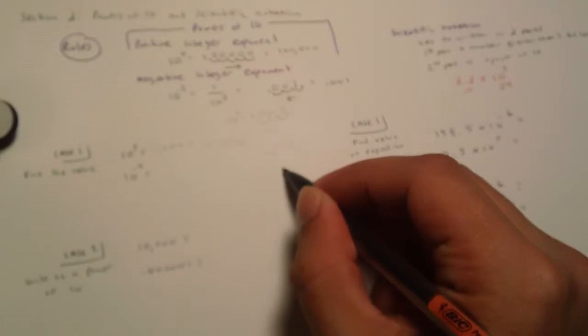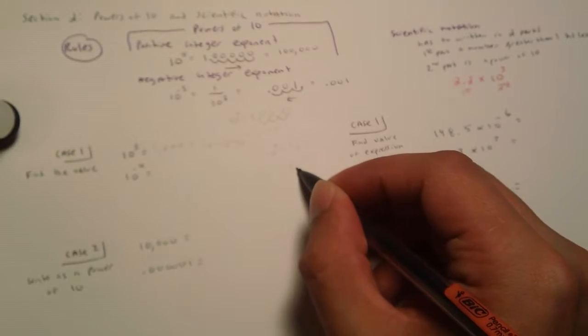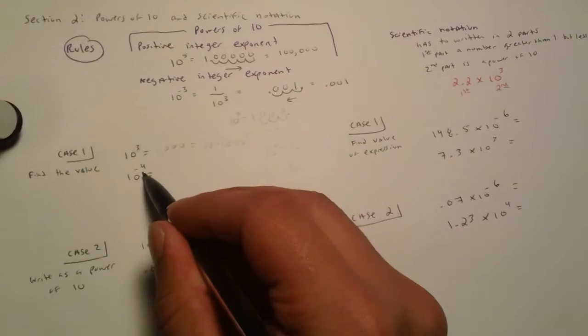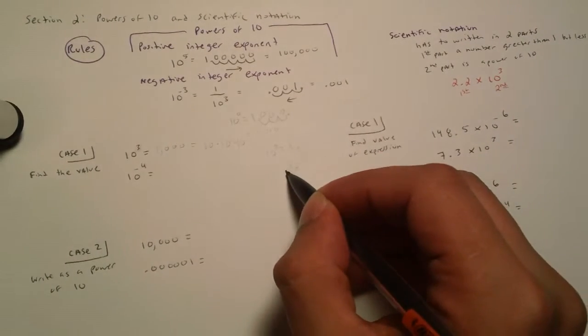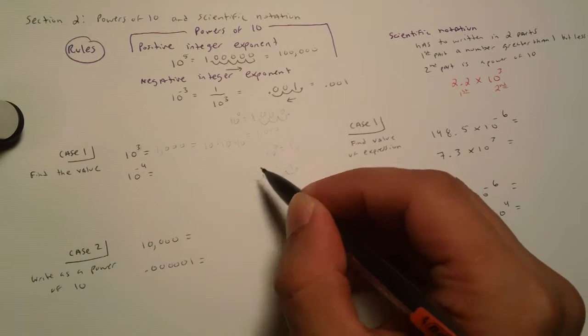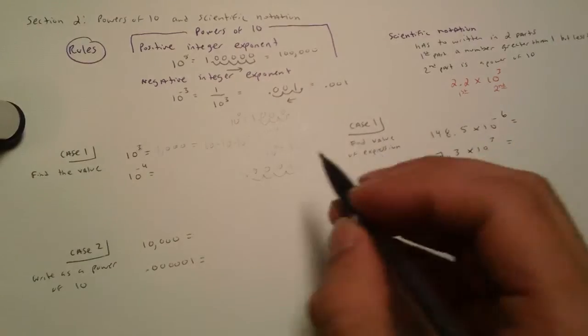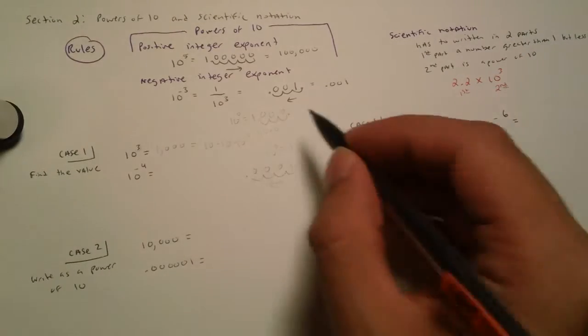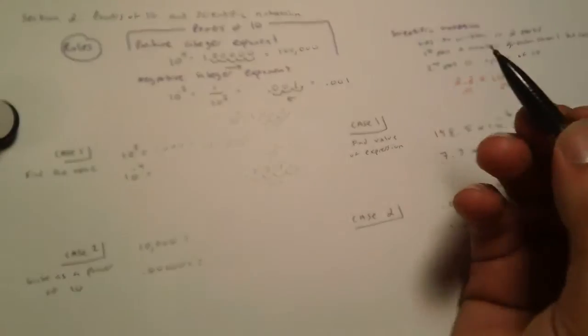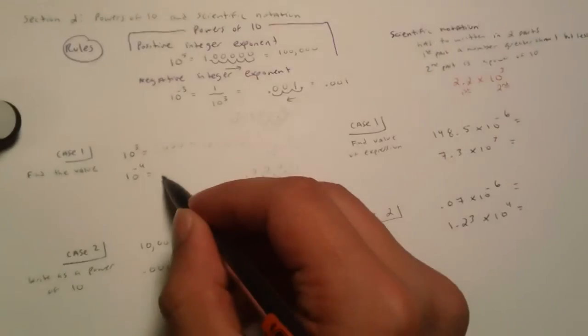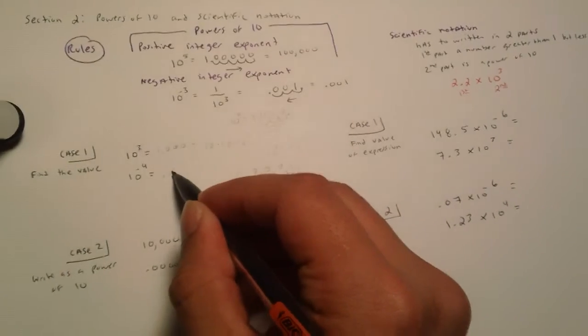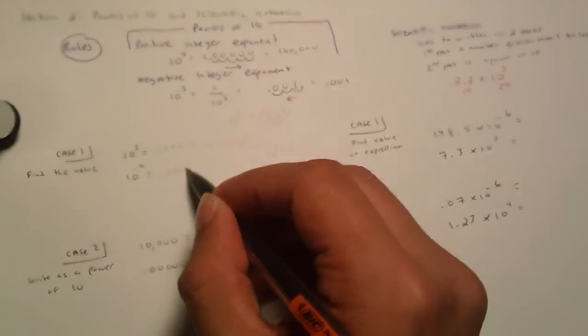So it will be 0.1, and then we're moving over 4 spots. 1, 2, 3, 4. Okay, so this will be our new number. We're going in this direction. So we have 0.0001.